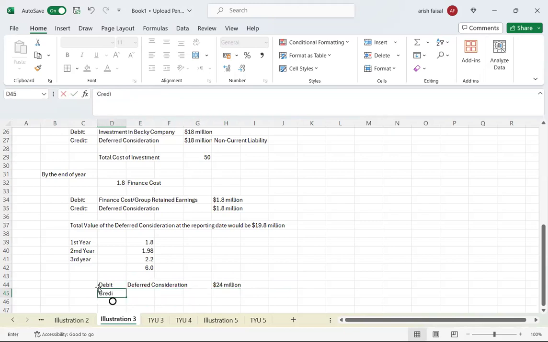That's the entry we will pass in the third year when you have paid up your liability. So over the period of time, you were crediting the liability, but then once the third year has passed and you have made the payment to the Becky company, your subsidiary, then the cash will get credited and the liability will get debited because it's no more existing.